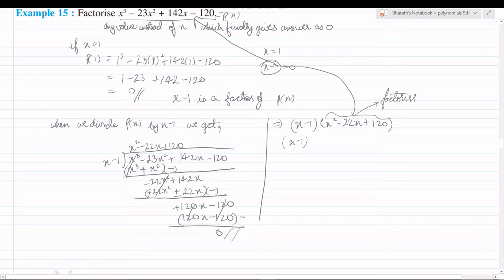Now here this coefficient is 1, so 120. Prime factorization is required. 120 dividing by 2, again 2, 30, again 2, 15, 3, because 15 cannot be divided by 2. Now we get 5 here, here also 5, then 0. So this should be 2 into 2 into 2 into 3 into 5.